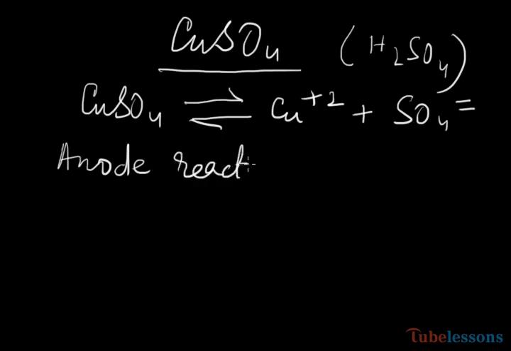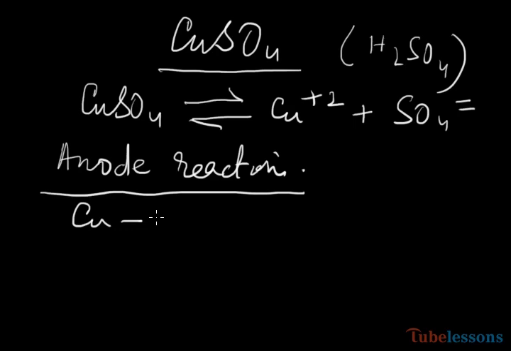There is a copper electrode in the anode. From that copper electrode, copper ions will be produced. Copper, by giving up 2 electrons, will be converted into copper ion, Cu2+. And these copper ions will migrate to the cathode.